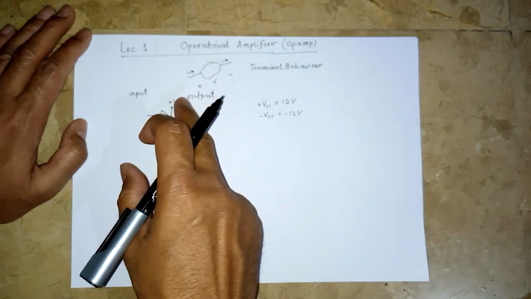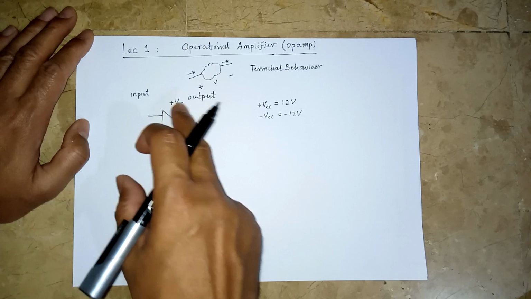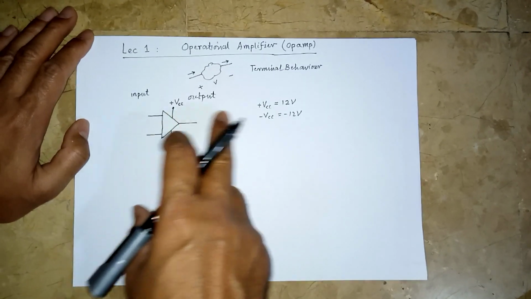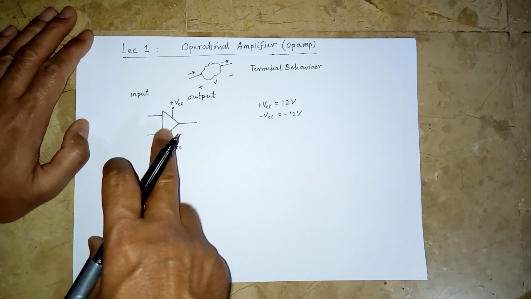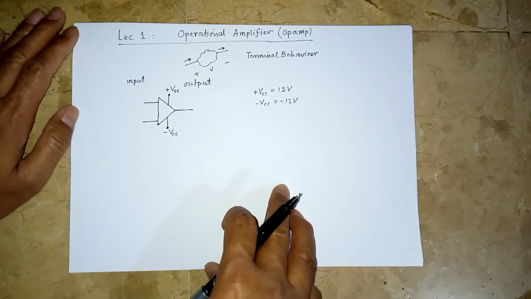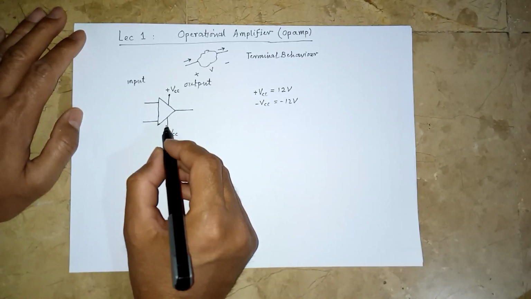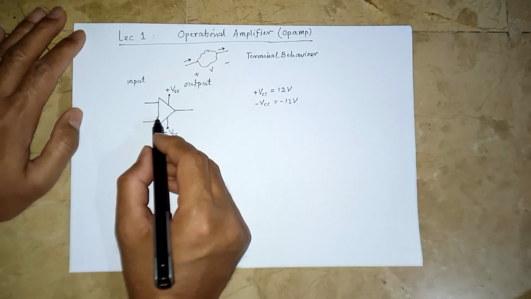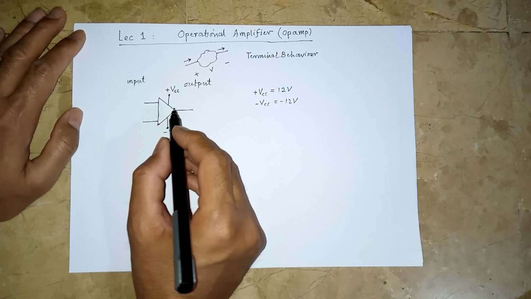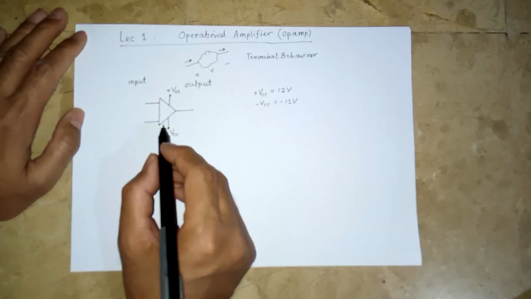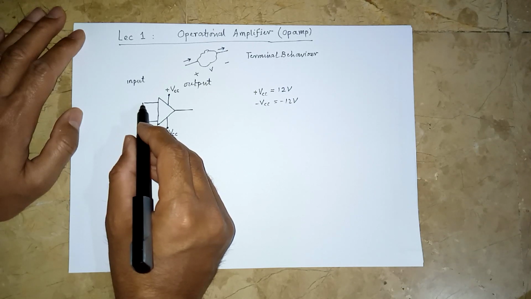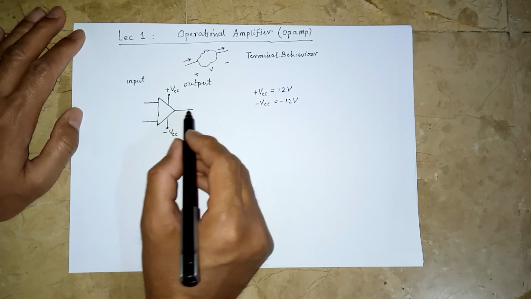We will in fact not be bothered about this plus VCC and minus VCC as well. When we draw circuits, we will consider them to be present, but we will not be drawing them. They are very essential and necessary for the operation of the operational amplifier, but drawing them again and again is going to complicate and clutter the thing. So we'll eliminate them.